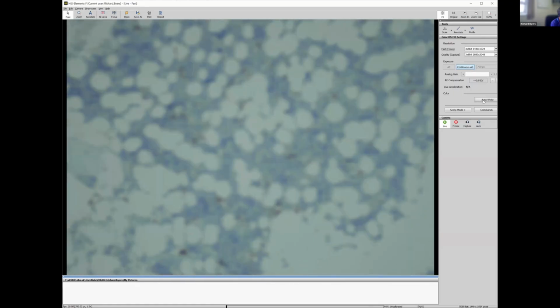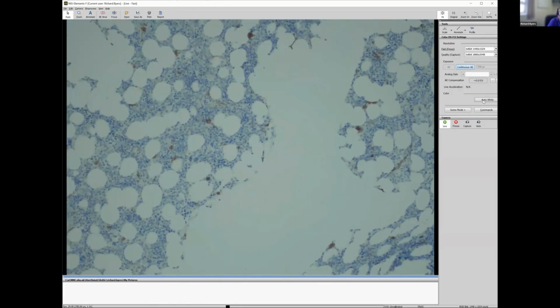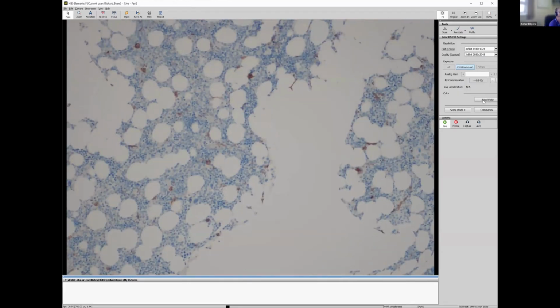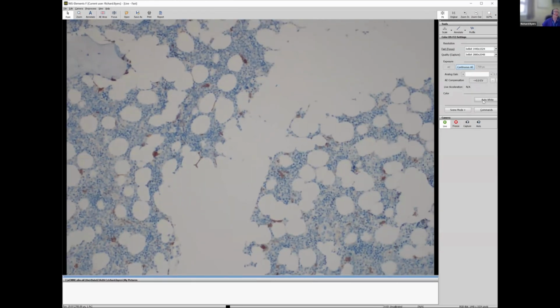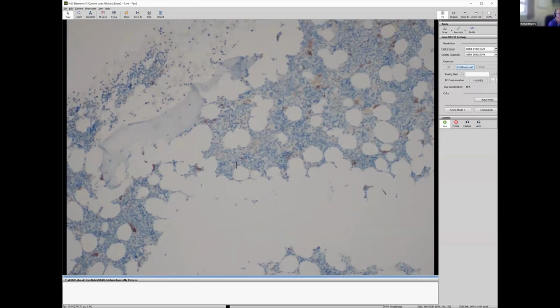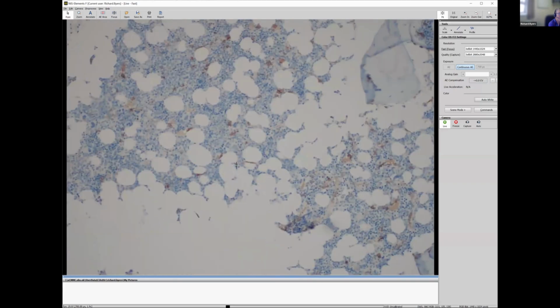So just look across it. We have got, I think, an increased number of mast cells. And I think a high proportion of them are spindle shaped. So this one here, this one here, this one here. So you've got a high proportion of spindle-shaped mast cells through the biopsy.